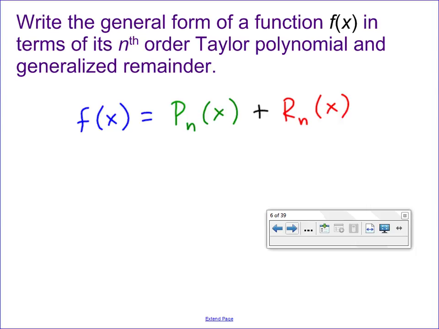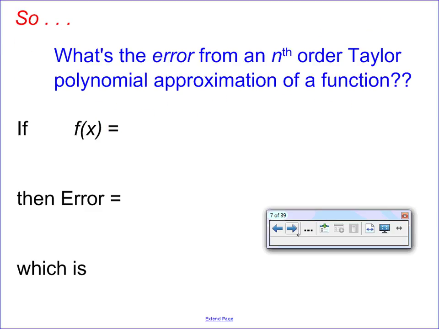Wherever we stop our Taylor polynomial approximation, at whatever order, the remaining portion of the series, this remainder function, is my error in the approximation from my Taylor polynomial p. Together, those are equal to my original function f of x over the interval of convergence.